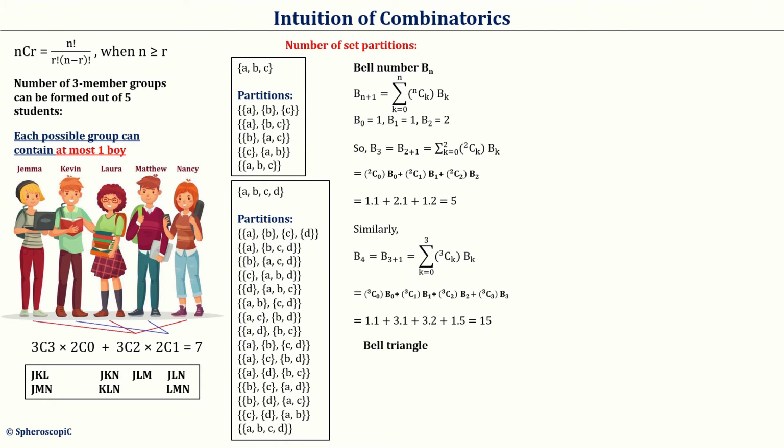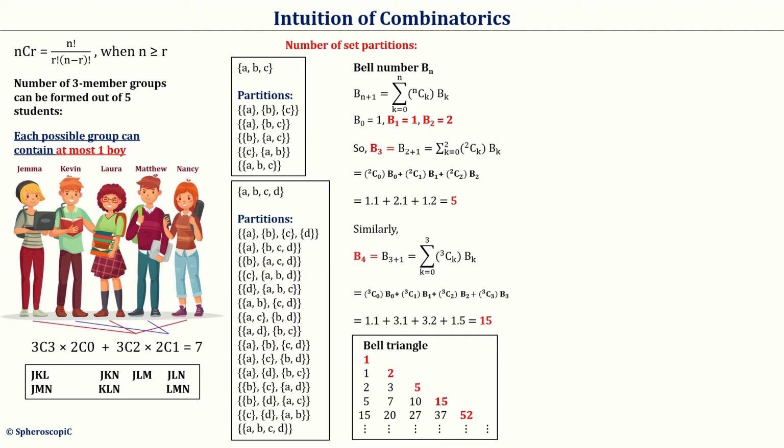Let's do quick formation of Bell triangle to see how does it work. 1, copy and paste 1, 1 plus 1 equals to 2, copy and paste 2, 1 plus 2 equals to 3, 2 plus 3 equals to 5, copy and paste 5 here, 2 plus 5 is 7, 3 plus 7 is 10, 5 plus 10 is 15, and so on. All these end numbers are the respective Bell numbers as we have seen earlier.